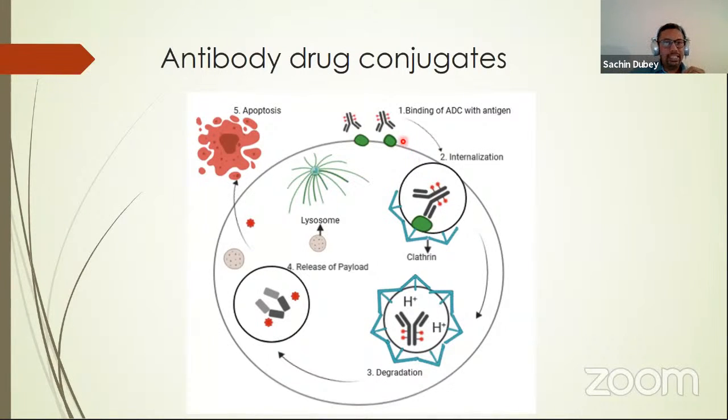So in this case, we are designing it to interact with the receptor present on the cancerous cells, getting internalized, degrading, releasing the payload, and this payload ultimately destroying the cancer cell which takes it.